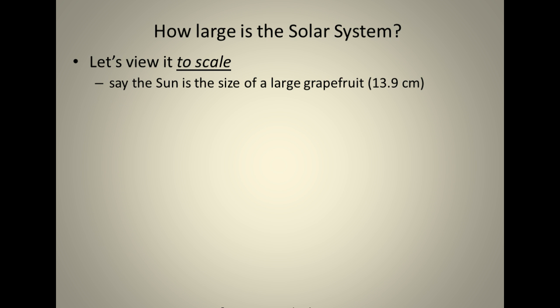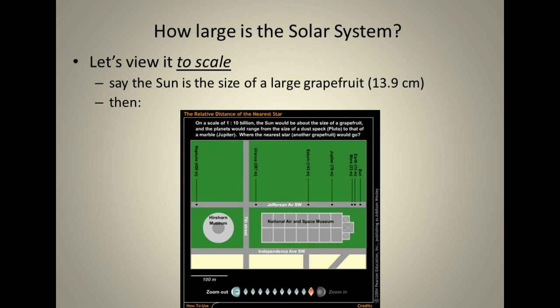In our example, a dust speck represents the smallest former planet, Pluto, and a marble represents our largest planet, Jupiter. That means a speck of dust and a marble compared to a grapefruit as the size of our sun. All the rest of the planets would be somewhere in between. Get these sizes down in your notes right now, and then we're going to ask some questions.